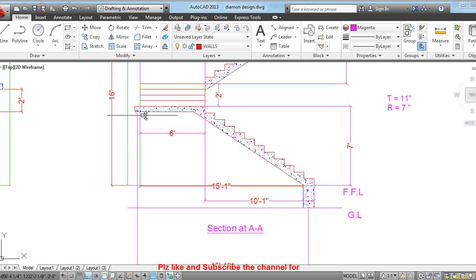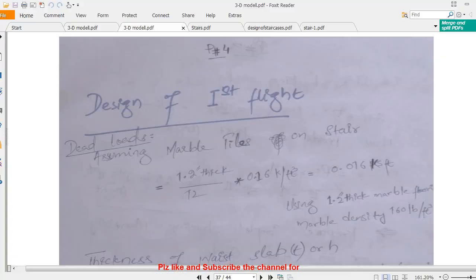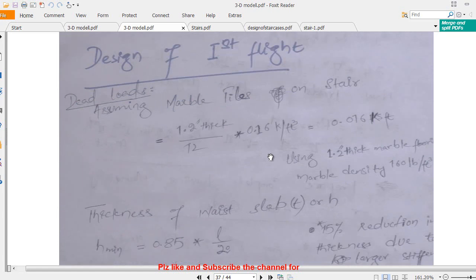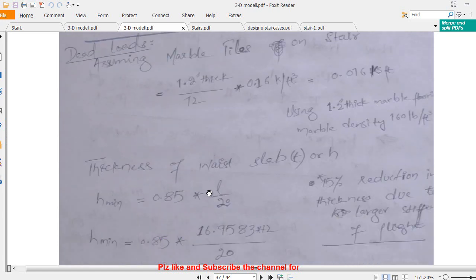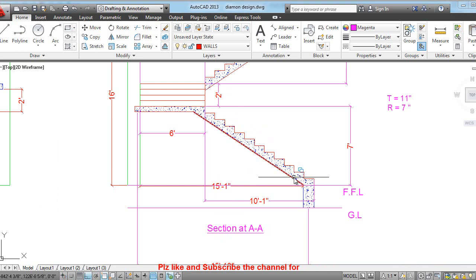But although you see here we just keep the landing on the wall, so it works like a roller support or hinge support. Clear? So this is how we model it, but basically we assume a simply supported beam. That is why I am using L by 20, and 0.85 is the factor. Remember, as you see there are stairs.